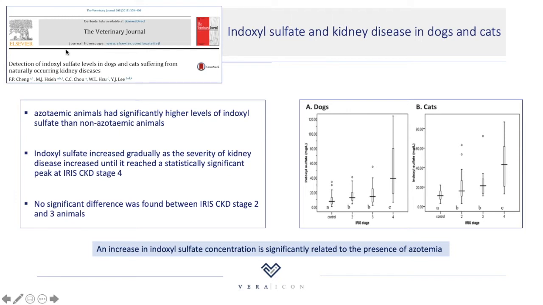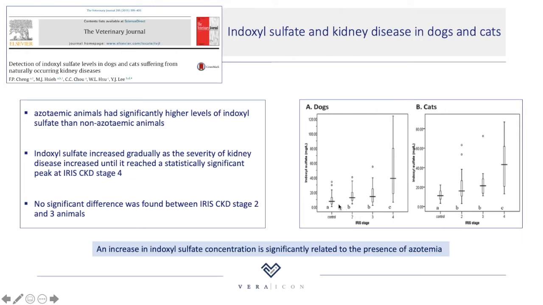This is the first study, published in 2015, where they looked at indoxyl sulfate levels in dogs and cats with and without kidney disease. So these were control dogs, control cats, and these were cats with kidney disease, CKD, in stages 2, 3, and 4, cats as well.